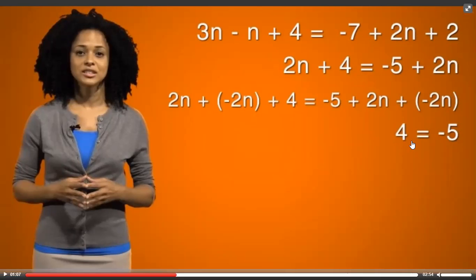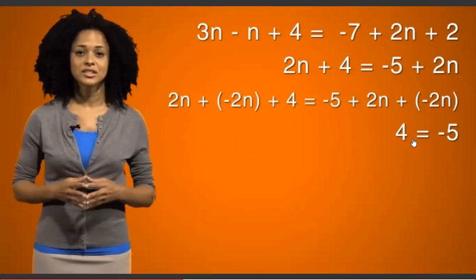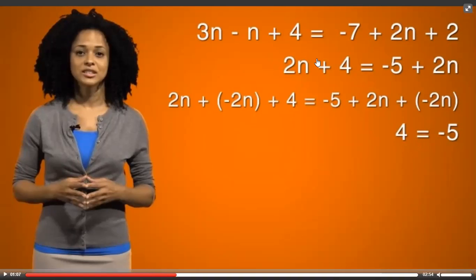This is not true. And when you end up with an answer like this, 4 equals -5, you know that 4 does not equal -5. So if it's not true, you have no solution. There's no possible number you can replace n with that's going to give you a correct answer. So this is one of those exceptions with equation rules.